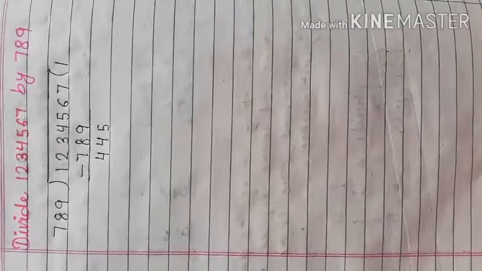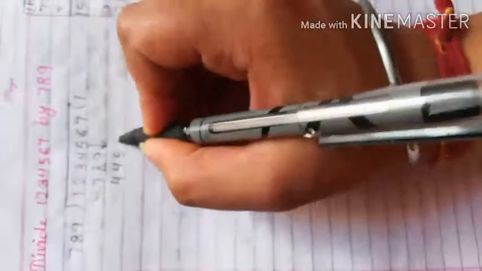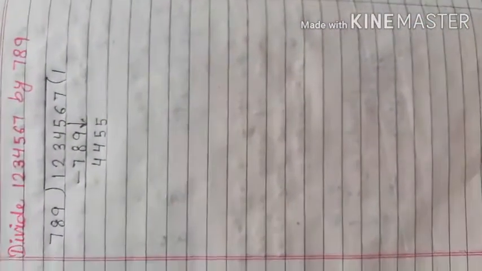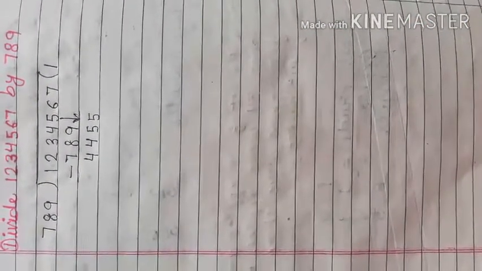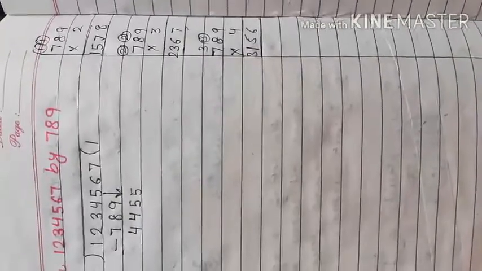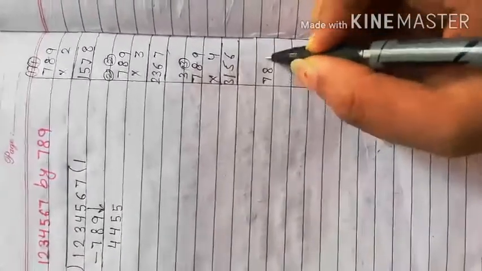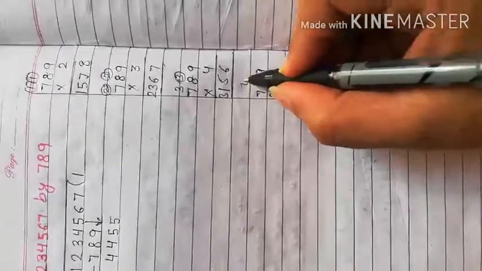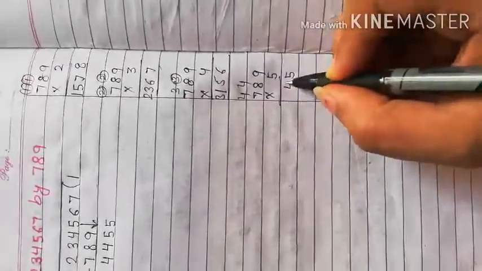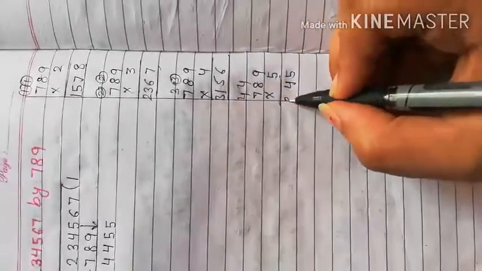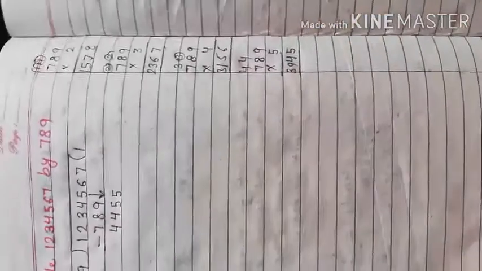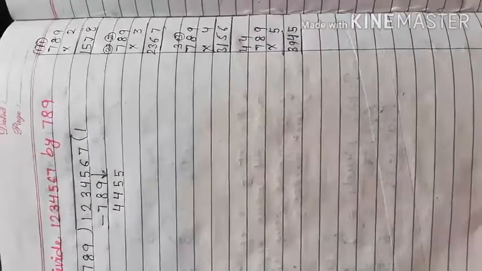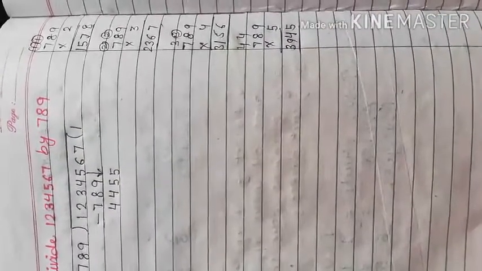Even if we have a three-digit divisor, our steps are the same. So now we will just bring the number down, that is 5. Now we will look for 4455 in the table of 789. So here we don't have it, so we can go up to 5 also to see. 5 9s are 45, 5 8s are 40 plus 4, 44, 5 7s are 35, 35 plus 4, 39. So here I have got 3945, right?